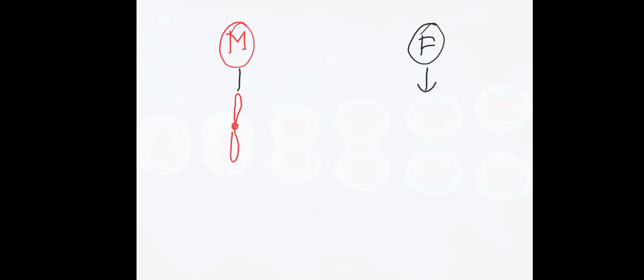Consider there are two parents here, this is the male parent and this is the female parent. They are both contributing a homologous chromosome. I'll write it in a different color.